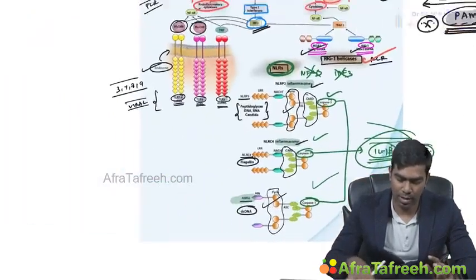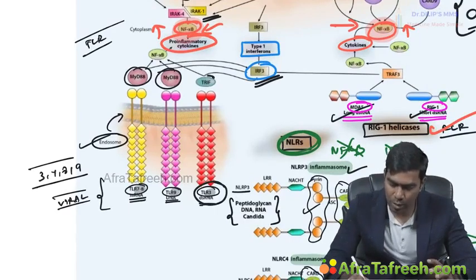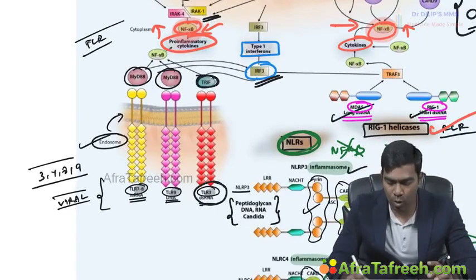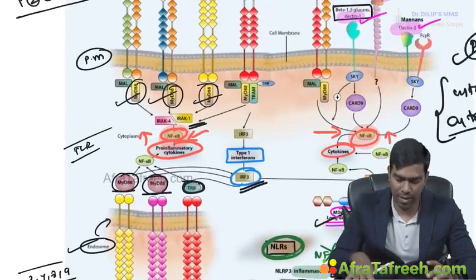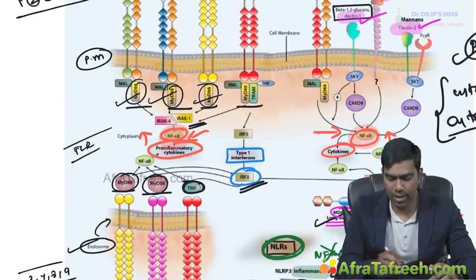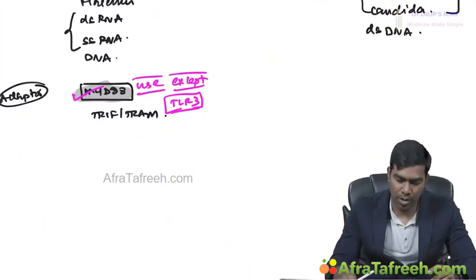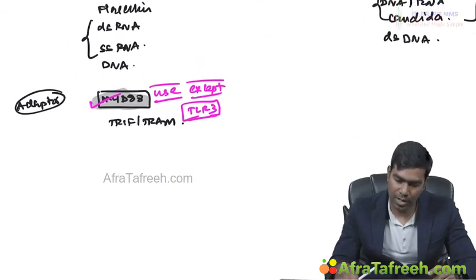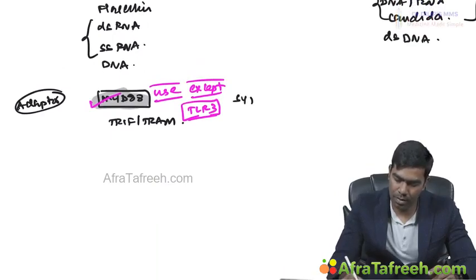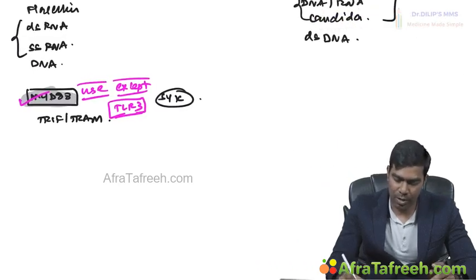You can come back and see TLR3. They use only TRIF as an adapter. They don't use MYD88 as an adapter, whereas all the other TLRs are using the MYD88 adapter. Very, very important. And next, what is the adapter for CLRs? It is SYK, a tyrosine kinase.